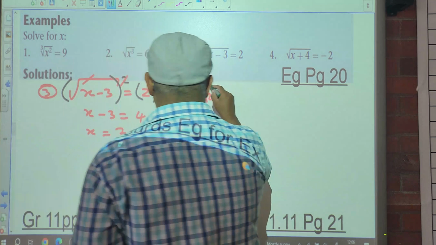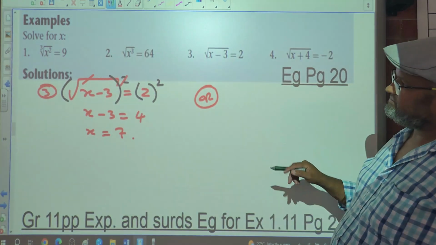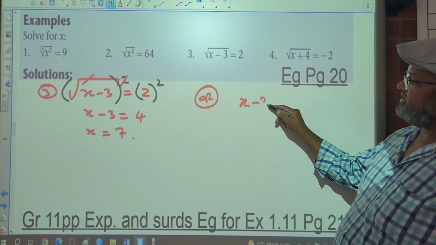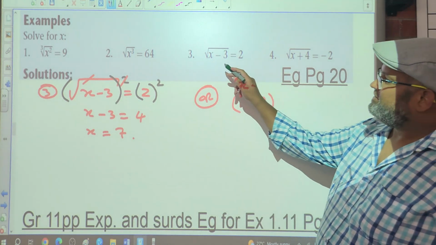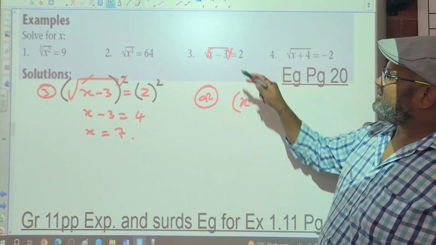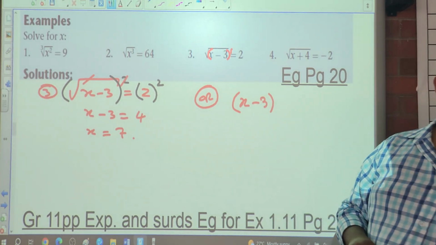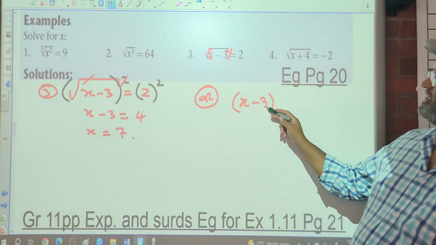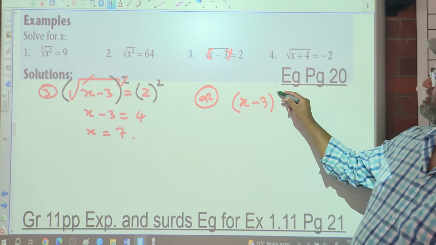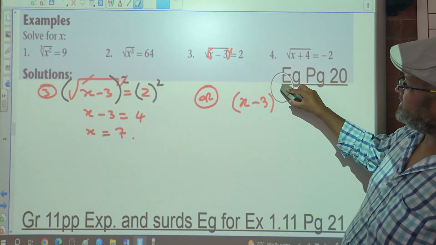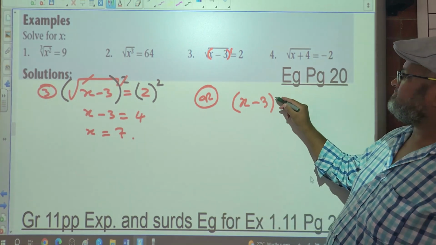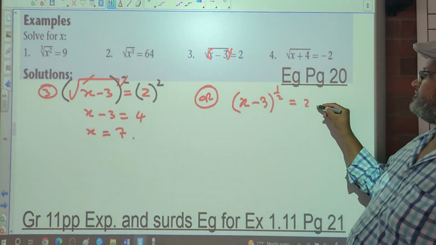Or I could have said that x minus 3 is raised to the exponent, remember that is to the 1 here. The square root of x minus 3 can be written as x minus 3 to the half is equal to 2.